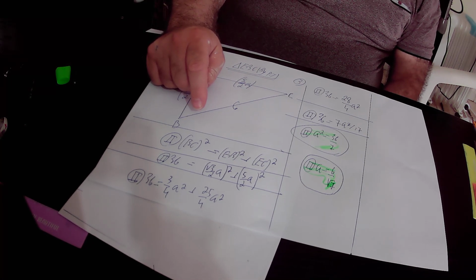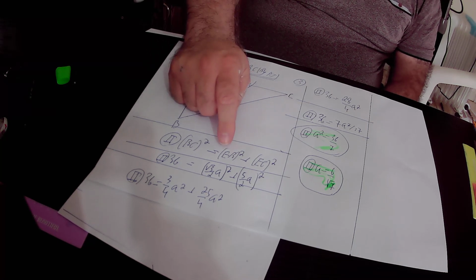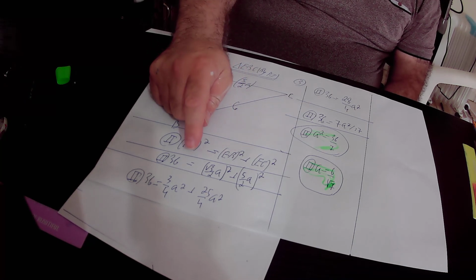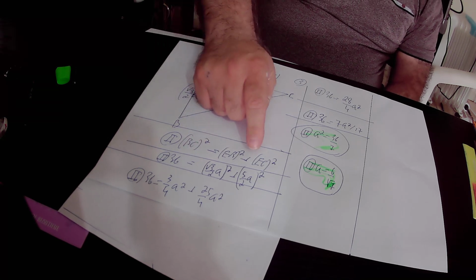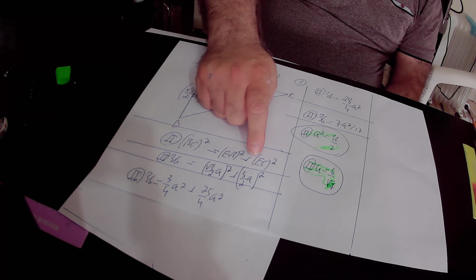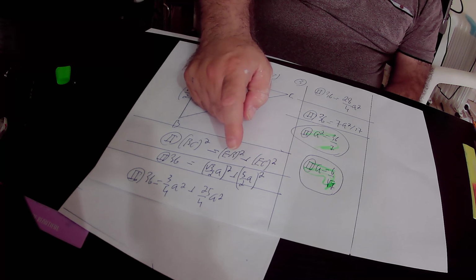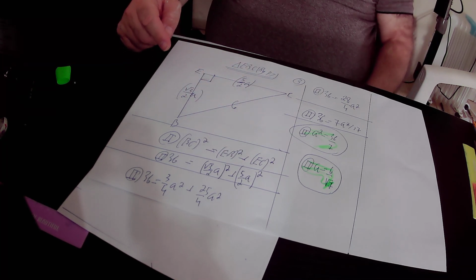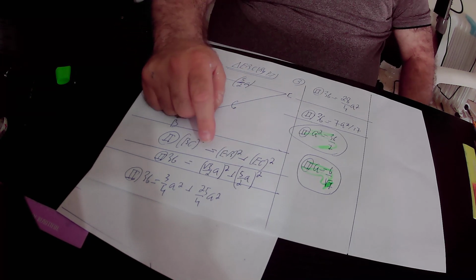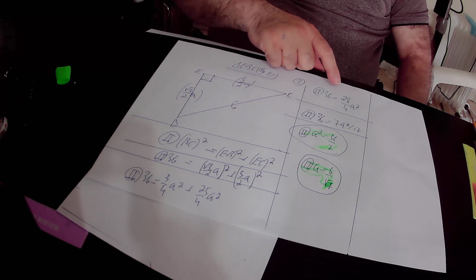Plus EC square: 5 over 2 A square is 25 over 4 A square, or 25 quarters times A square. 3 quarters plus 25 quarters is 28 quarters.